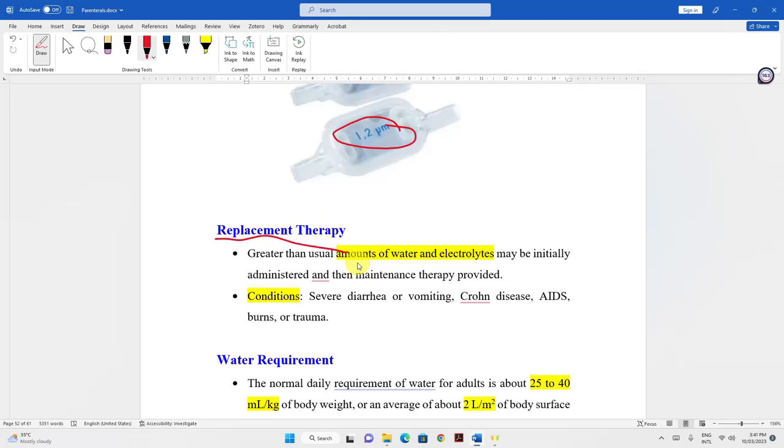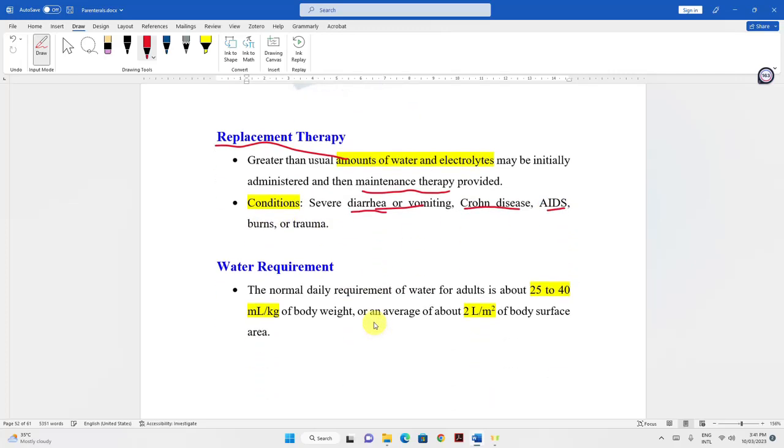When the body has lost a large amount of that, you need replacement. Plus, you need to maintain whatever is needed daily. And this can happen when there is severe diarrhea or vomiting, when there is Crohn's disease, like irritable bowel syndrome, when there is AIDS, burns, or trauma, then you will need replacement therapy.